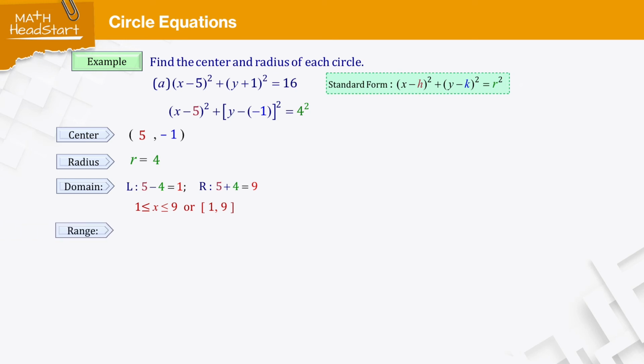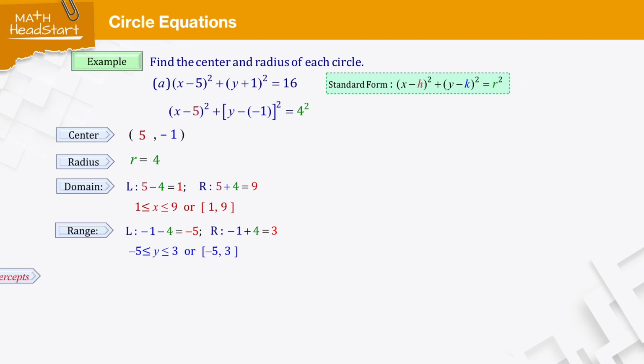Likewise, to calculate the range, we use the y value at the center. -1 minus the radius 4 to get -5 for the left limit, and -1 plus radius 4 equals 3 is the right limit. Again, both -5 and 3 are included.